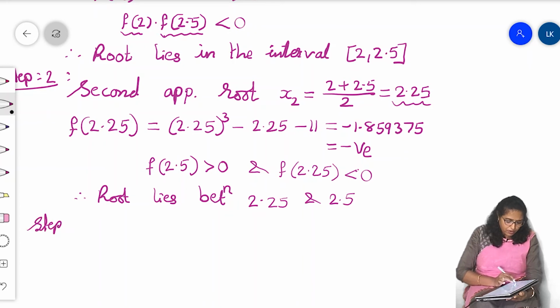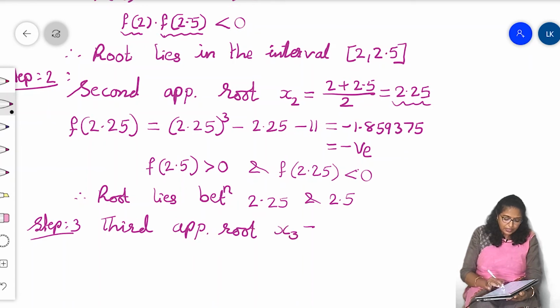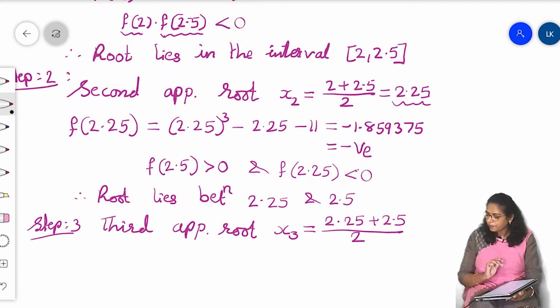Therefore, the third approximate root, let us use the notation x3. Its formula in bisection method is addition divided by 2. That is 2.25 plus 2.5 divided by 2.